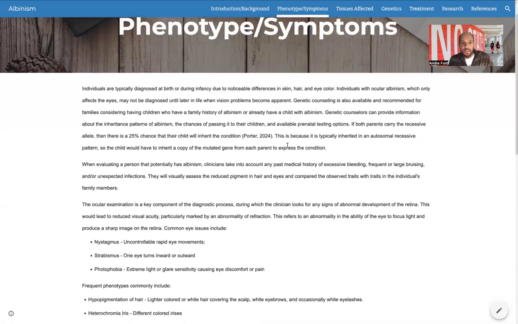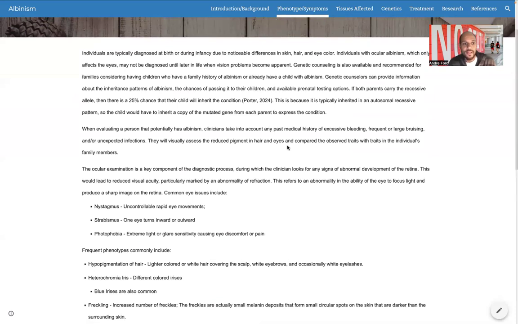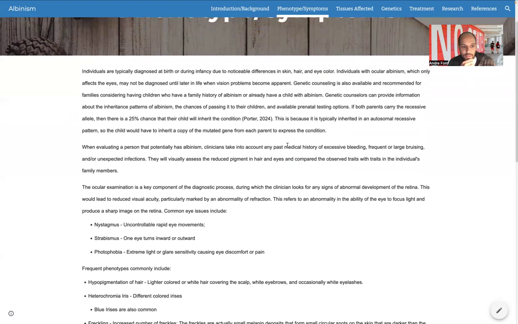As far as the phenotypes and symptoms, there's the obvious ones, with the lack of color in the skin, the hair, and the eyes. But there's also other symptoms that are not usually as well known as far as with the eyes.